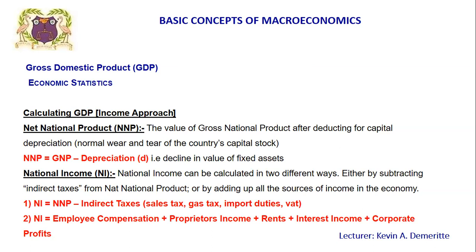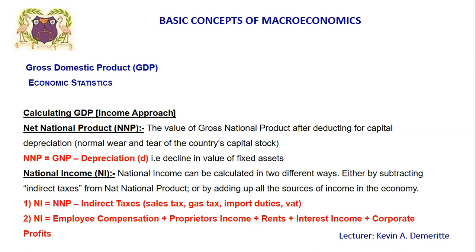Then we subtract from that value the decline in the value of our fixed assets, which is an accounting thing called depreciation. It just means that things wear and tear over time. And if you're managing a good business, or if you're managing a good country, you take into account the fact that your capital goods are going to depreciate.